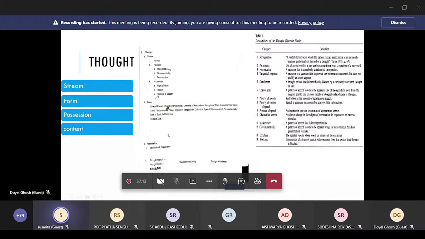Then comes thought possession. In thought possession, there are obsession and compulsion. Why is it under possession? Because the obsession is against our will. Do you all know what obsession and compulsion are?